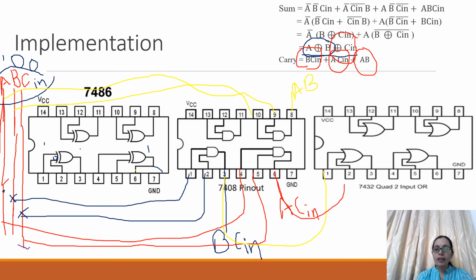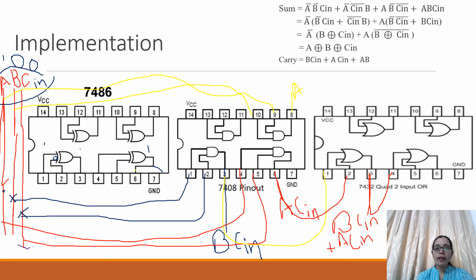This is AC in. So output of the third is BC in plus AC in. And to this, what is to be added? The AB. So again I will give this output of AC in plus BC in to the second OR gate, because I want to OR AB here. I want to OR AB with which term?